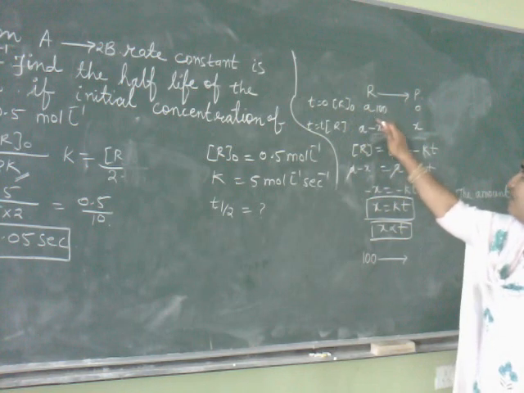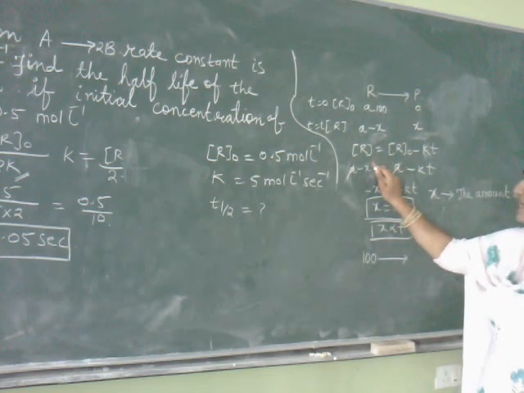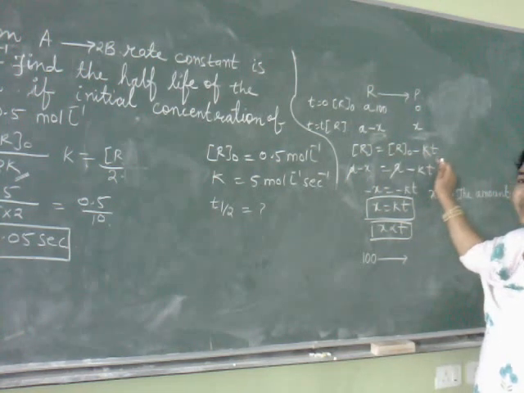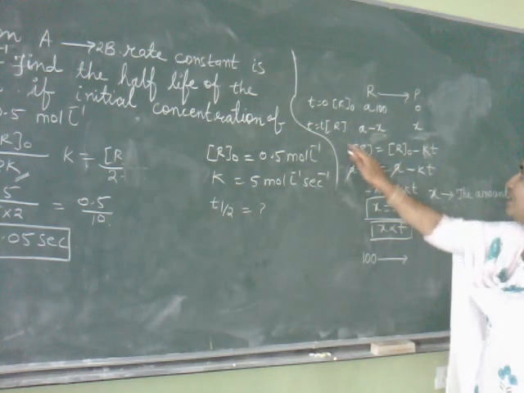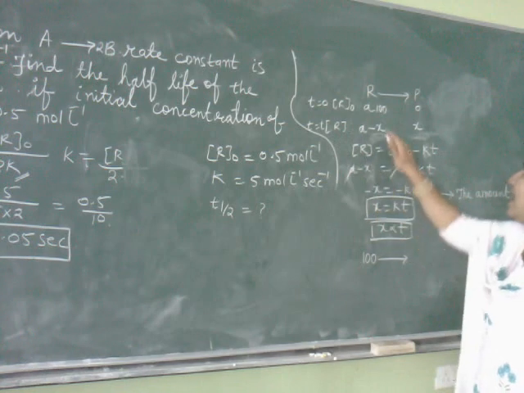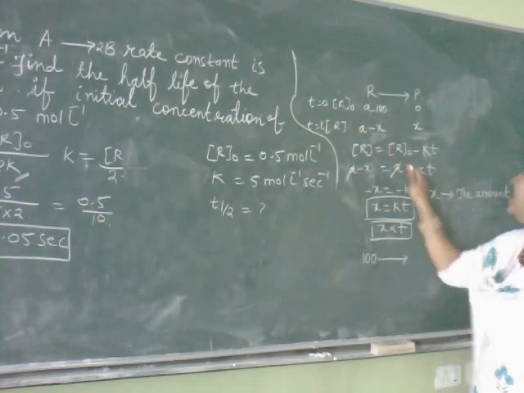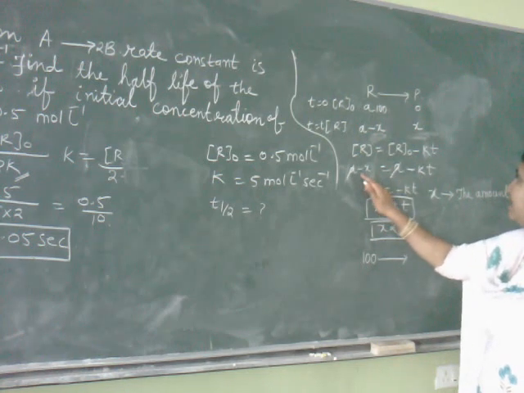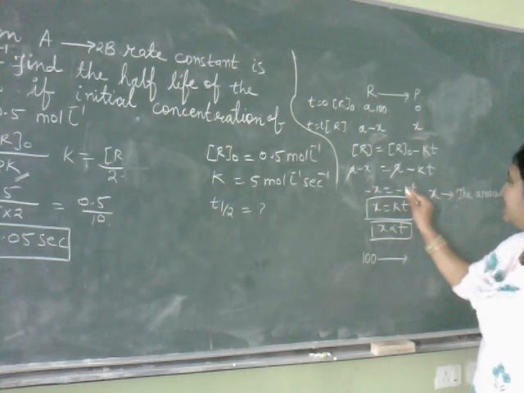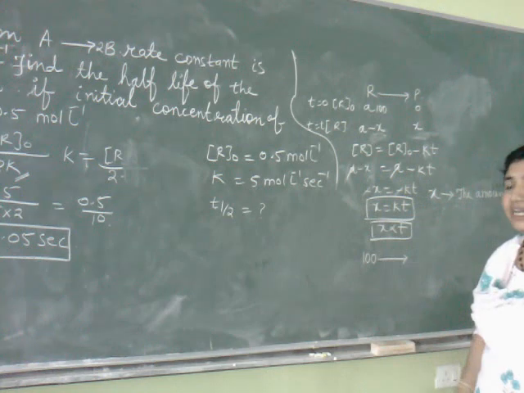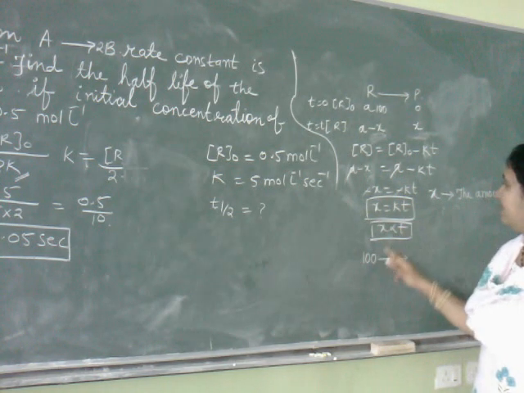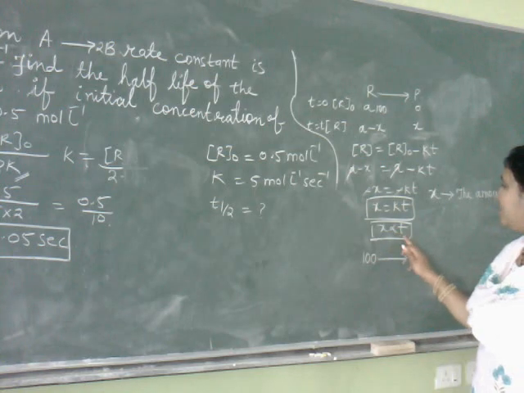Just put these values in our main equation. What is our main equation? R is equal to R0 minus Kt. R is A minus x, R0 is A, and minus Kt. So A cancels, and minus x is equal to minus Kt. The minus signs also cancel. What do we get here? x is equal to Kt. It means x is directly proportional to t.